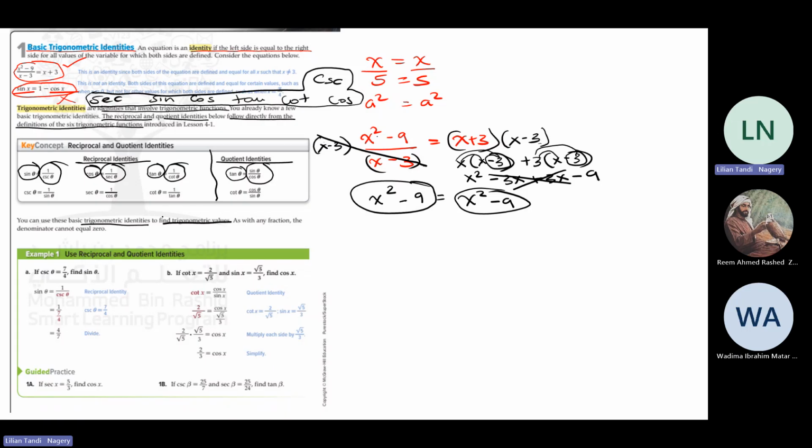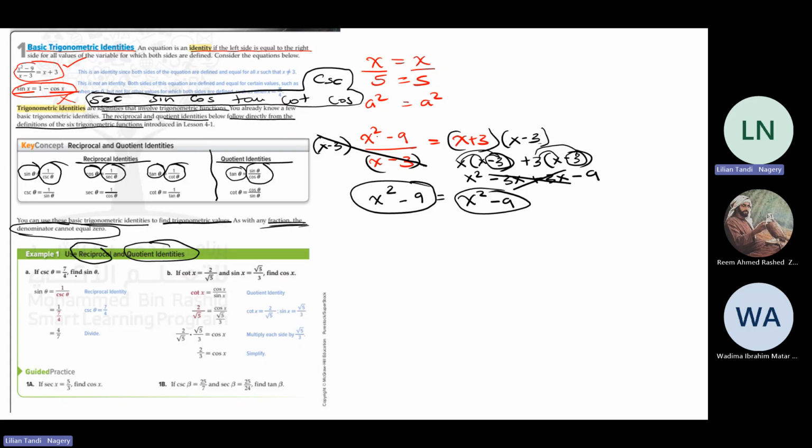Trig identities, you will use them to find trig values. As with any fraction, now here you have to think about fractions. The denominator cannot equal 0. Okay? All right, so let's look at question A. You have been told to use the reciprocal and the quotient identities to find sine theta.